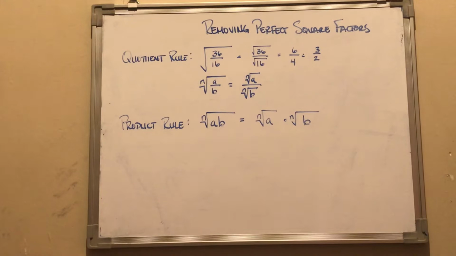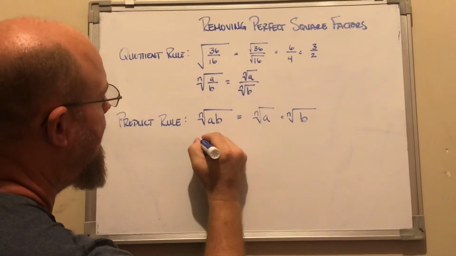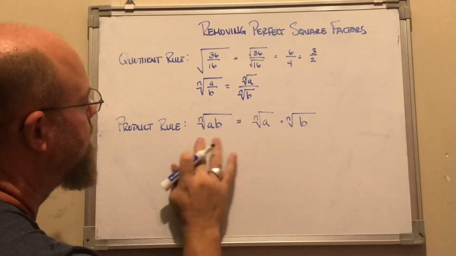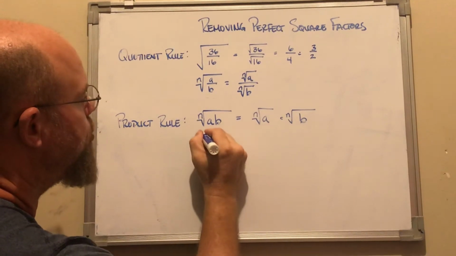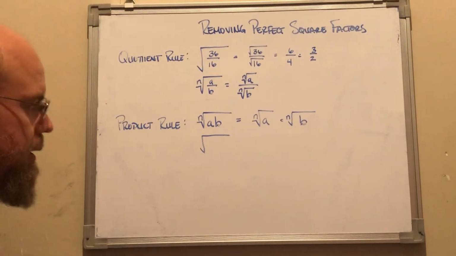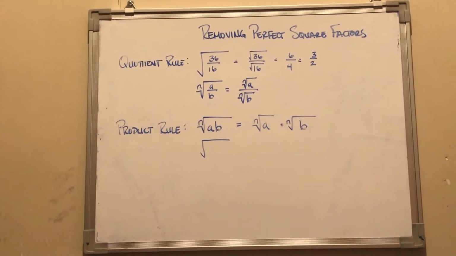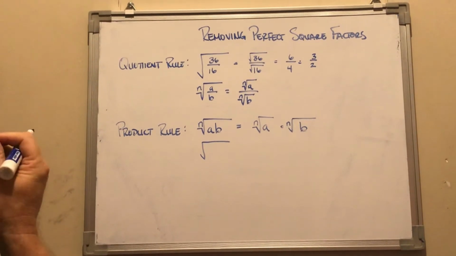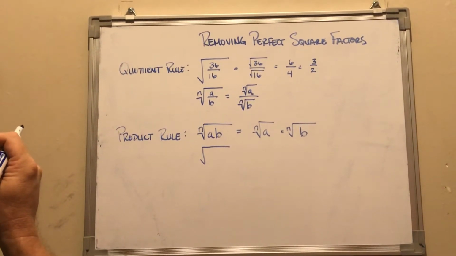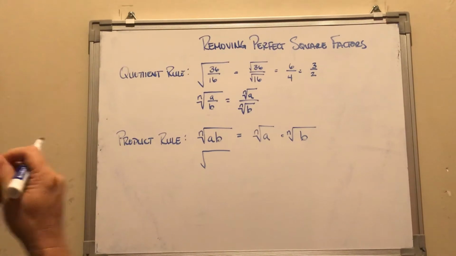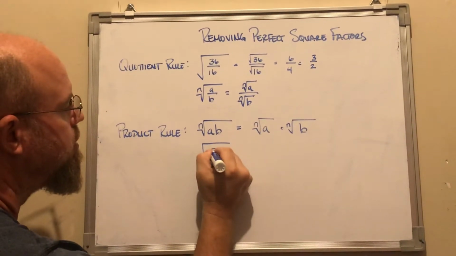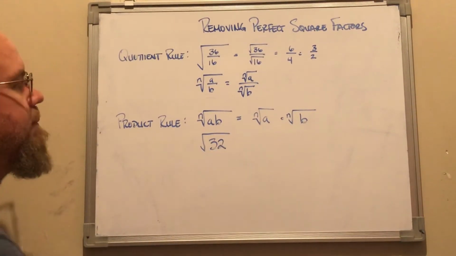All right, so for example, if I have the square root of, let's just say, let's say 32. All right.